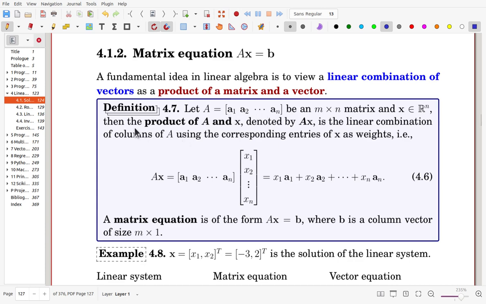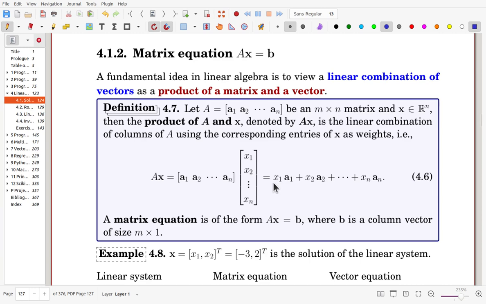Then the product of A and x, denoted by Ax, is the linear combination of the columns of A using the corresponding entries of x as weights. Here Ax, A is written with the columns, and there's x. Then it can be written in this way: x1 a1 plus x2 a2, and then the last term is xn an.